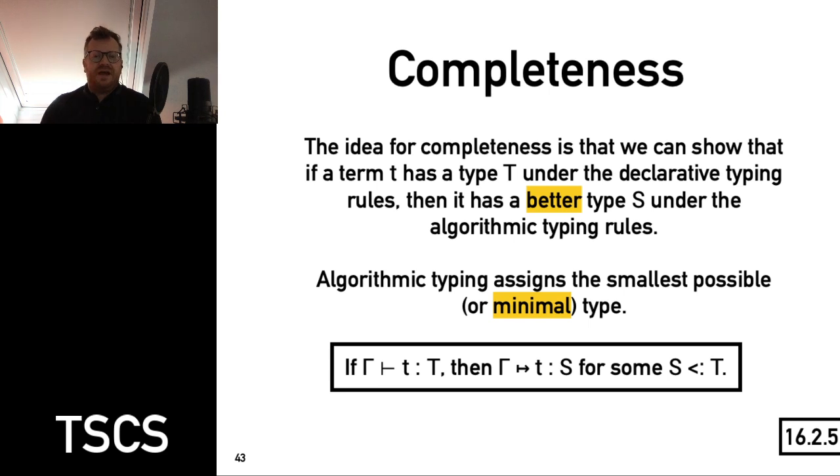So algorithmic typing assigns the smallest possible or minimal type. And this we can put into the rules for completeness, saying if we can type something in the declarative rules, then algorithmic typing rules for the same term give us a type S that must be a subtype of T under declarative rules as well. And this is how we show completeness.